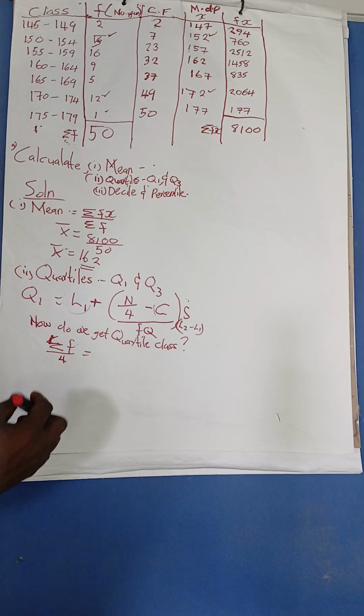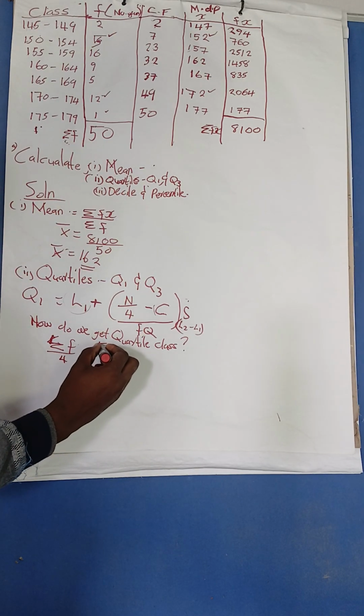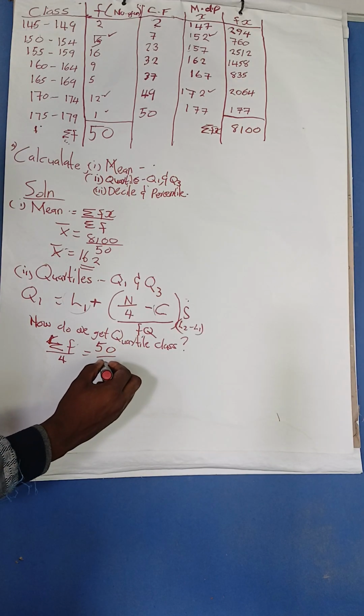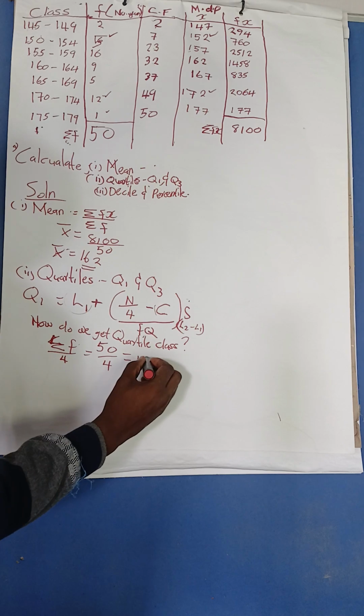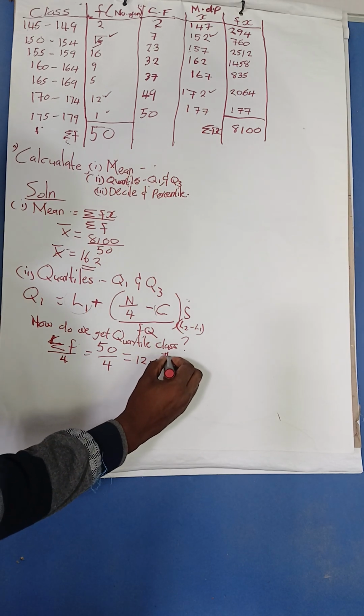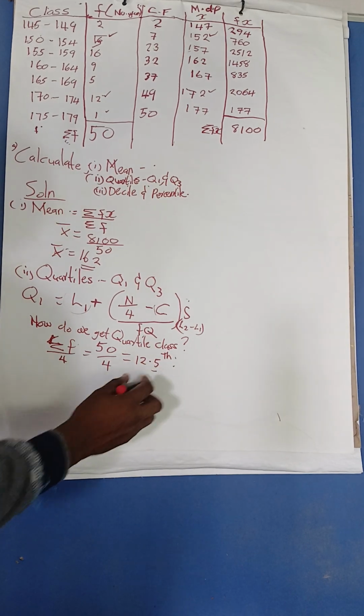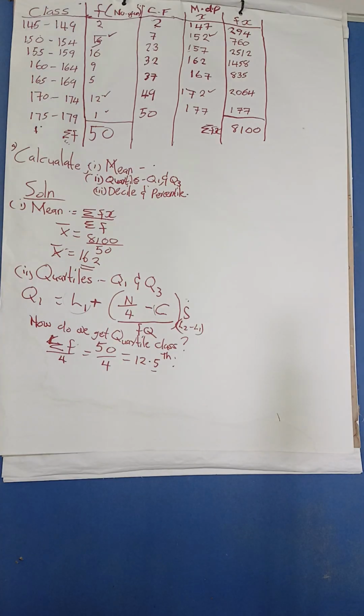Where I have 50 divided by 4, I will land at 12.5. So this is what is going to help us to get the quartile class.